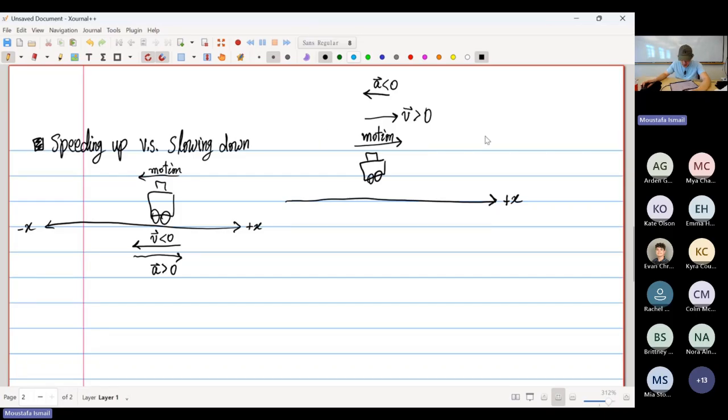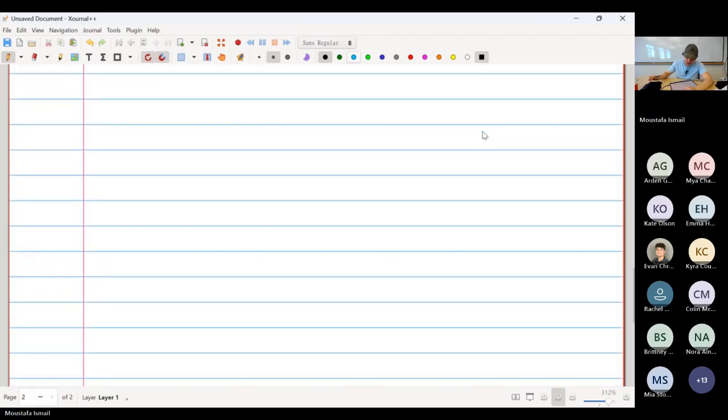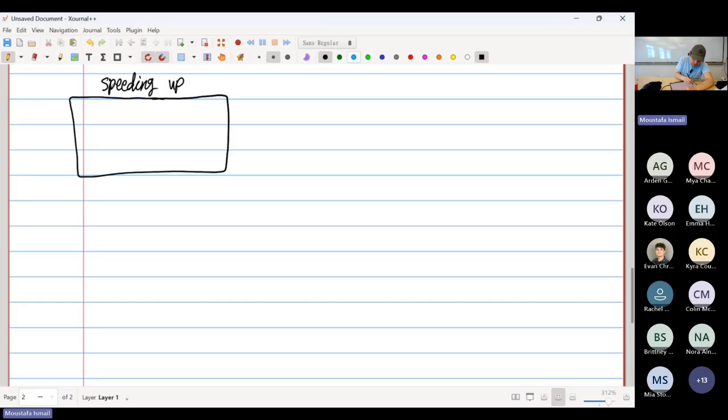So this is worth summarizing. Speeding up is when you have the acceleration and velocity in the same direction. So these are two different cases, and I want to separate them like this.